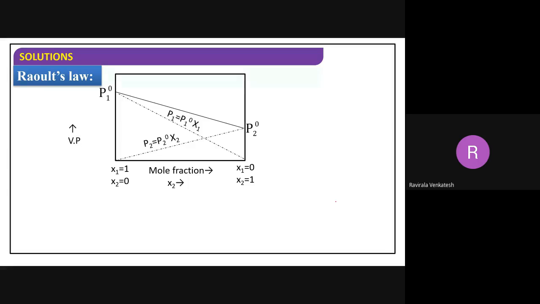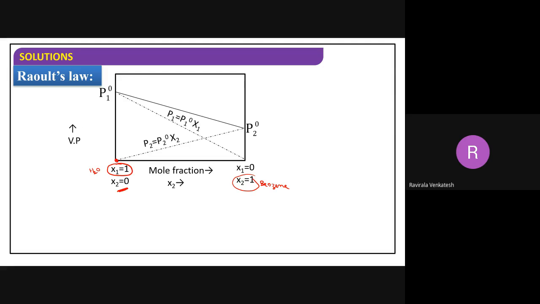Now let me explain this one better. Here, 1 indicates water, and 2 indicates benzene. At this point, beta, only water is there.